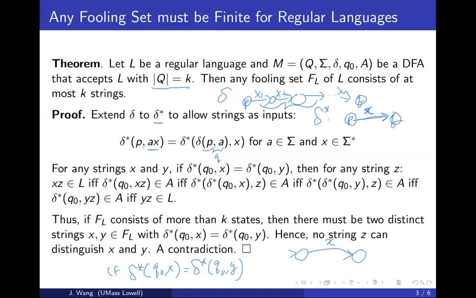So delta, X is a string, and then on the different Y, it also goes to there. So it ends up at the same state. And then from this, you just put a Z, obviously. If XZ is accepting, so it ends at an accepting state, YZ will also end at the accepting state.